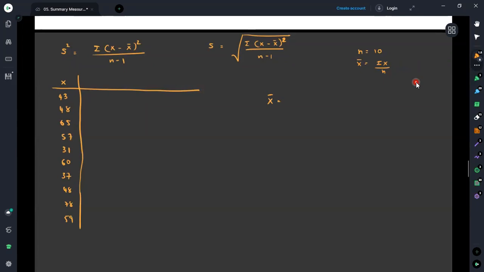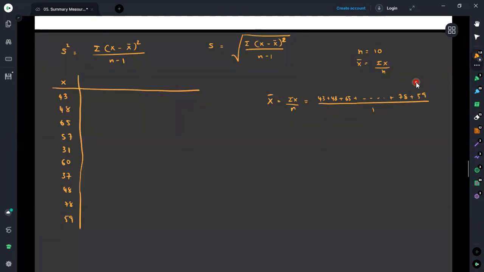X bar can be obtained as the summation of x divided by n, which equals the sum of x: 43 plus 48 plus 65 plus all these values, and at the end 78 plus 59, then divided by 10, because there are 10 observations.